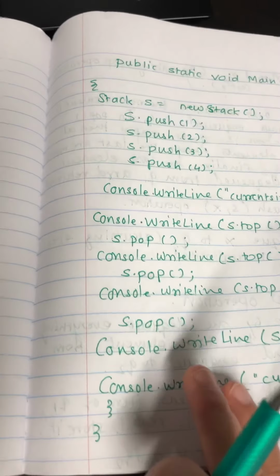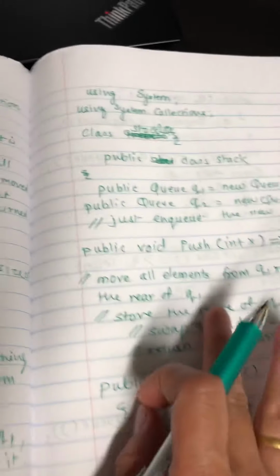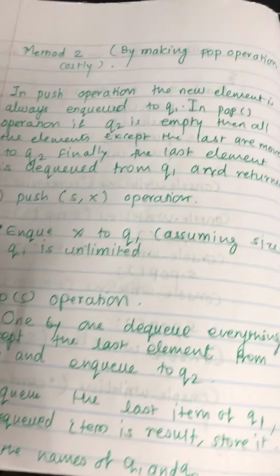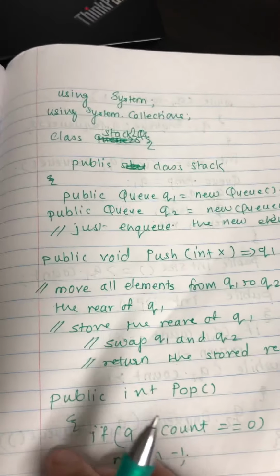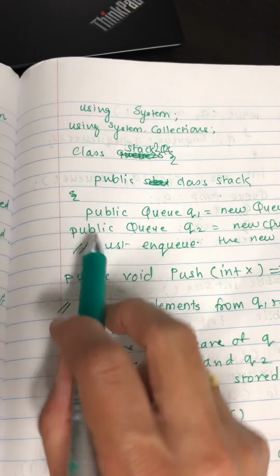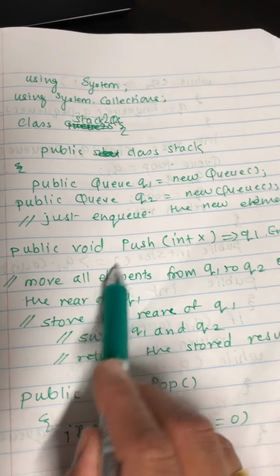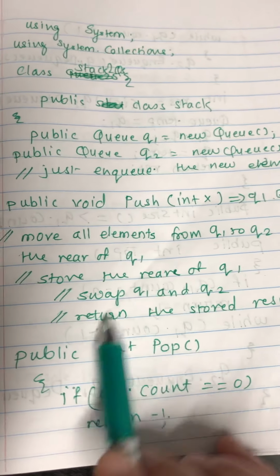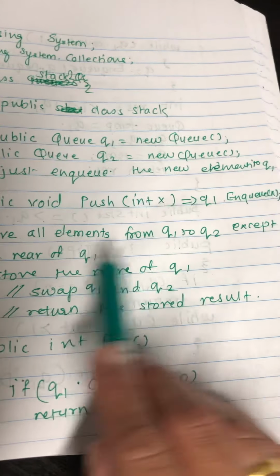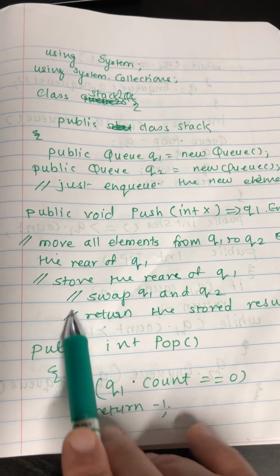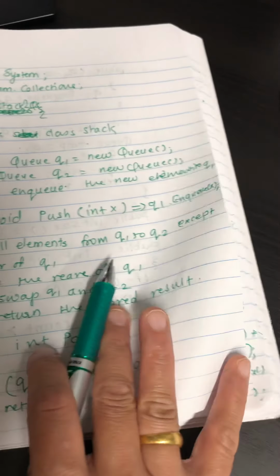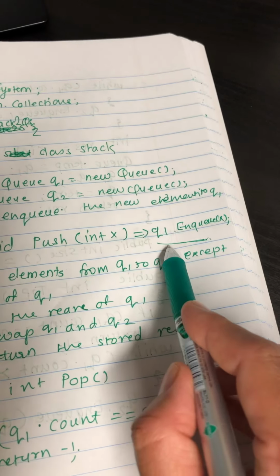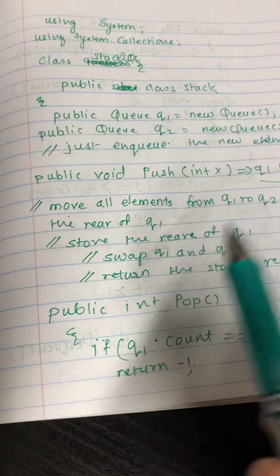So the second method of implementing a stack using two queues is where the pop operation is costly. Here there are two queues, and the push operation is simply q1.enqueue, which just adds the element to q1, the first queue.